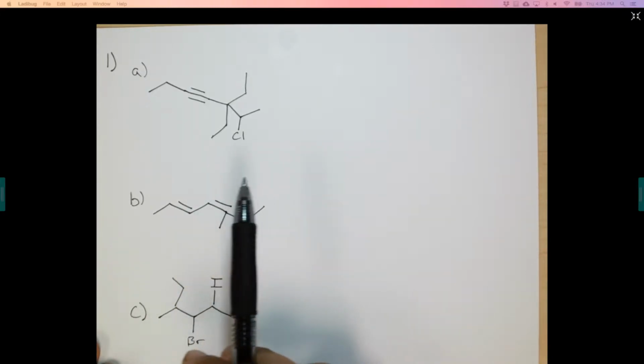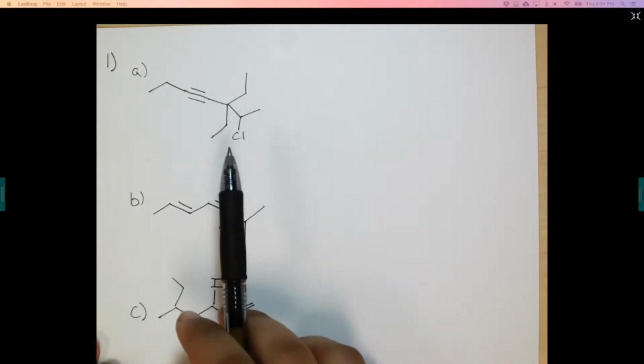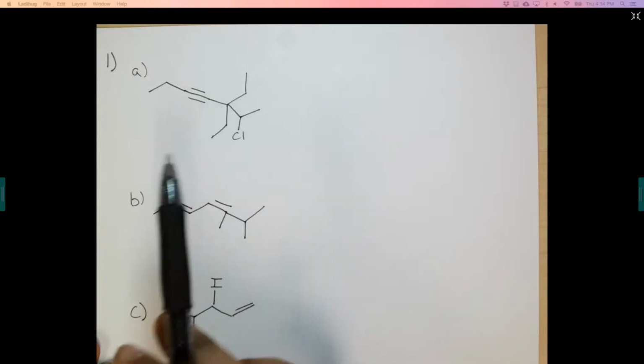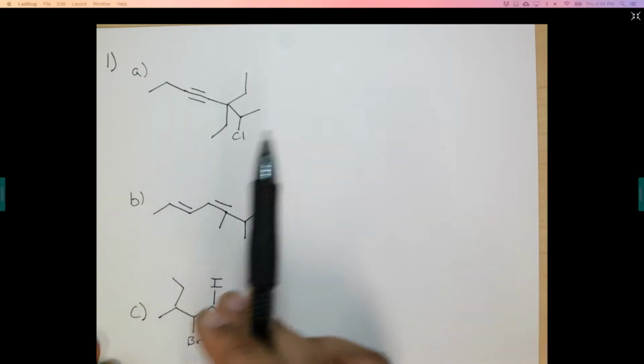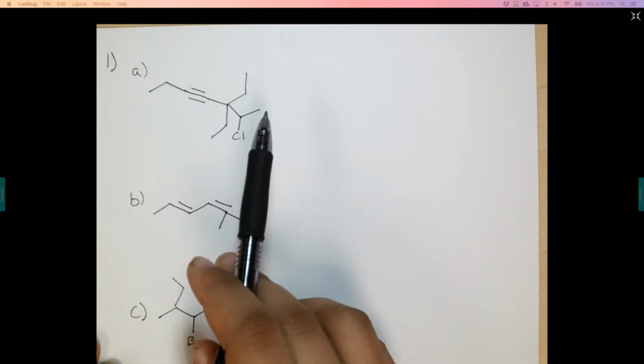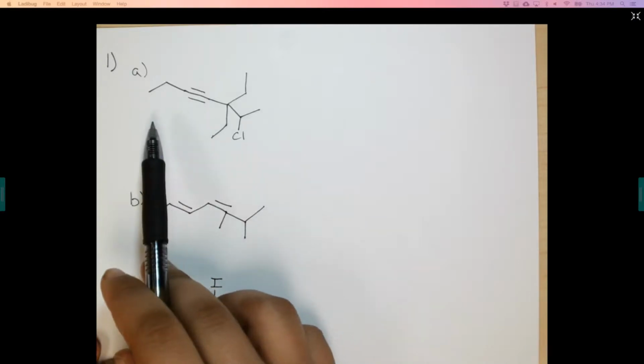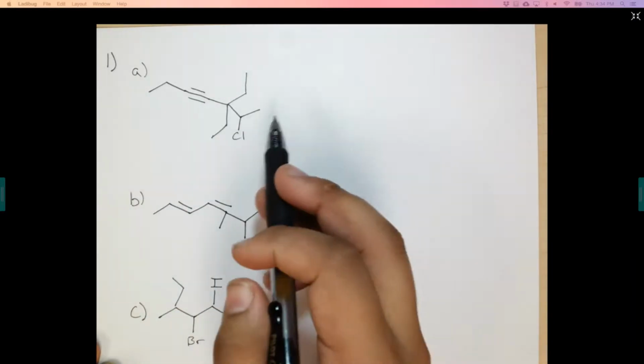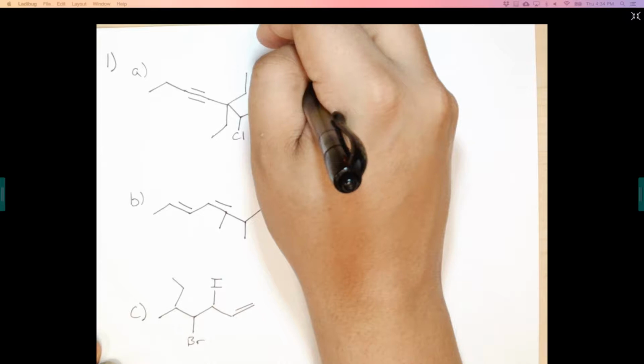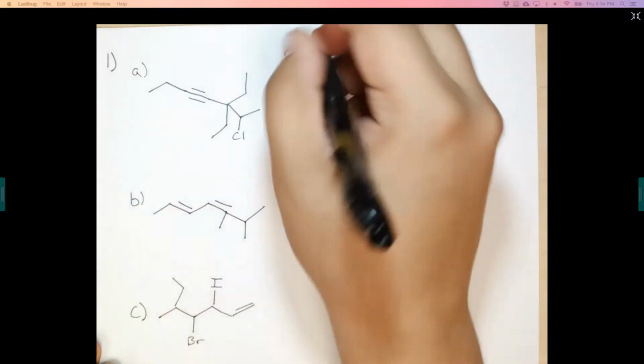And I always just, for practice purposes, verify that you can write the condensed formula for these. I'm going to show you the condensed formula. If we write from left to right, the condensed formula would be CH3, that's that last carbon. Then there's a CH2.